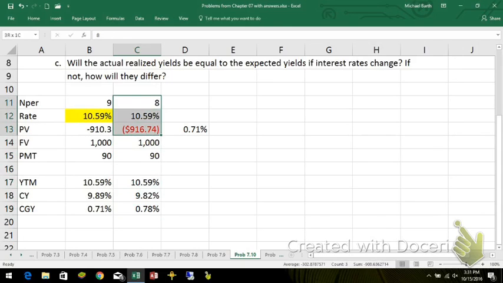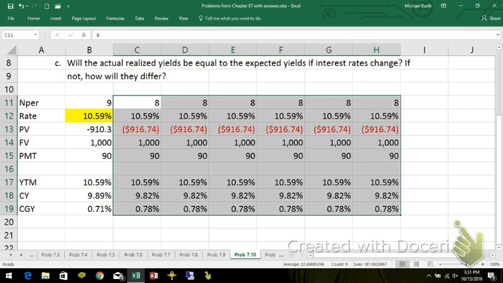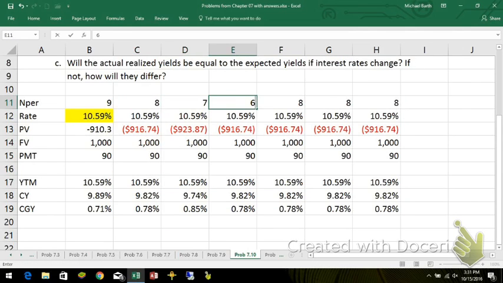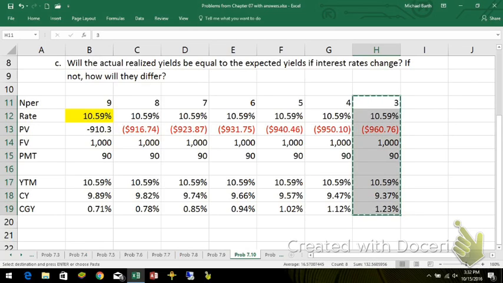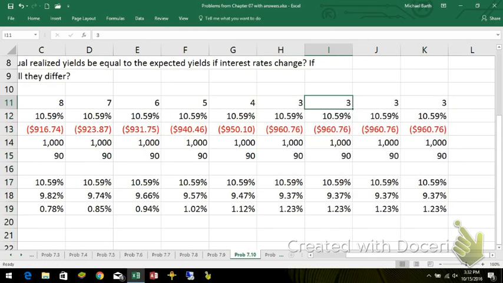In fact, we could march this thing out over the rest of its life. 7, 6, 5, 4, 3... let's take it down to 0. 2, 1, 0.